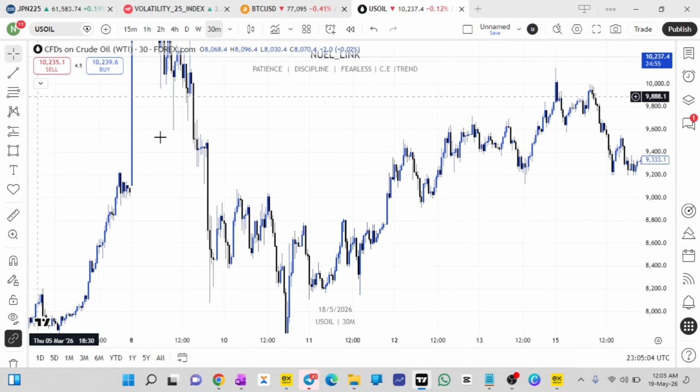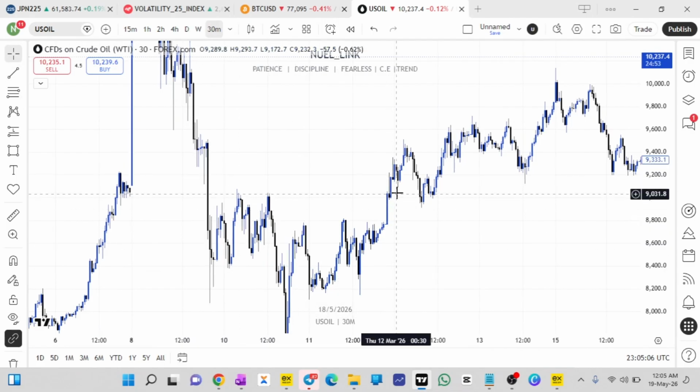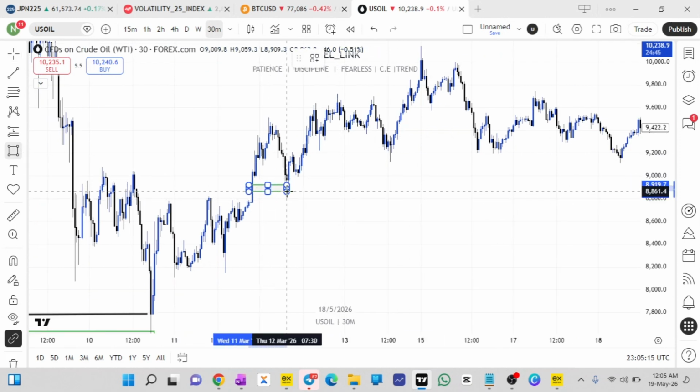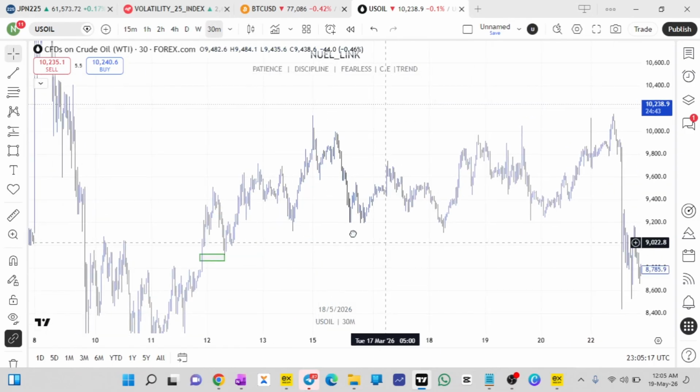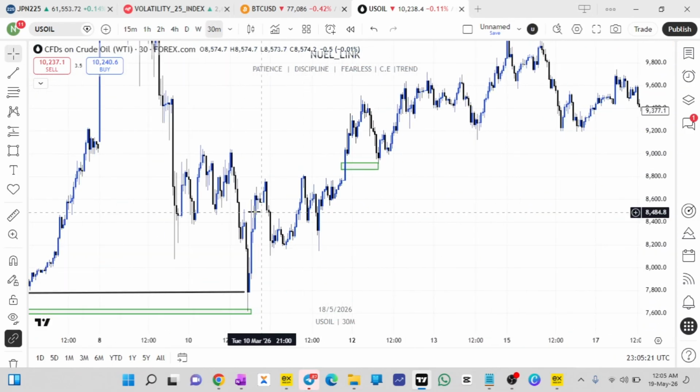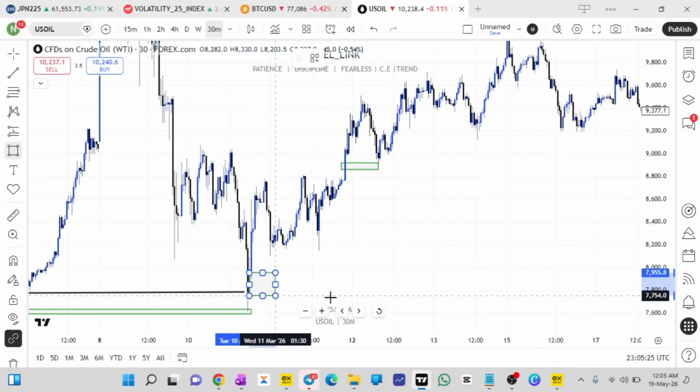After price took out this high and this high, there was no clear liquidity. So what I did was take here as liquidity, then bought from this area. But I won't carry this trade, I'm sure of it. I don't trade like that. This is how I would have been waiting for the trade. Shifts liquidity, I would have been waiting for the trade here.